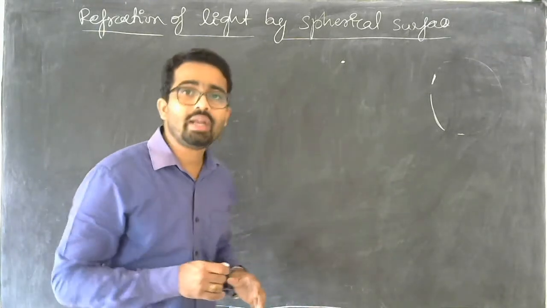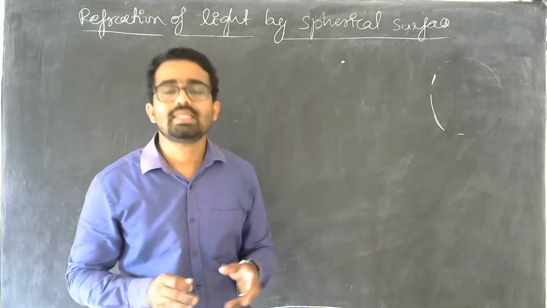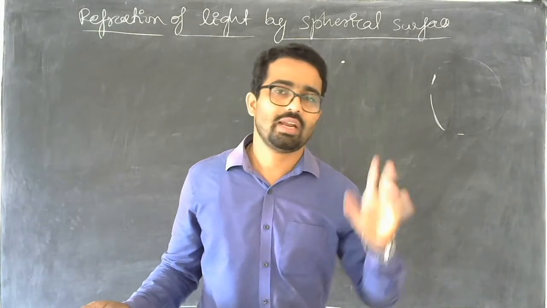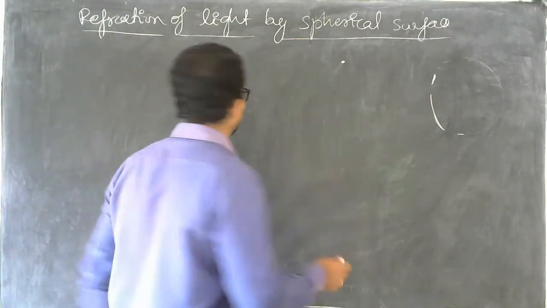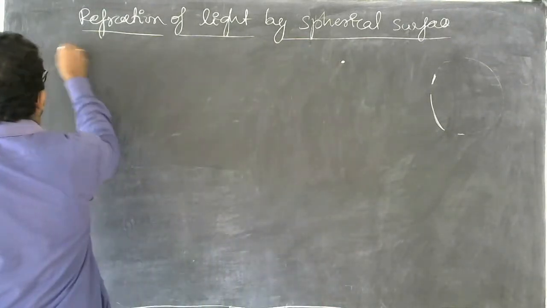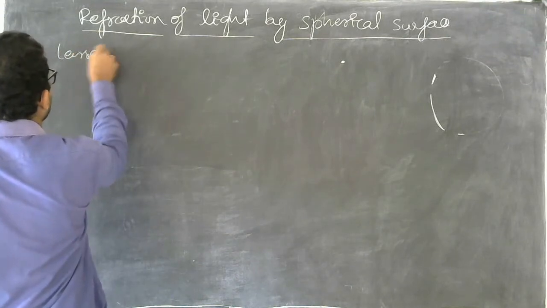There are different kinds of lenses we can see. So let us see some types of lenses. What is a lens?